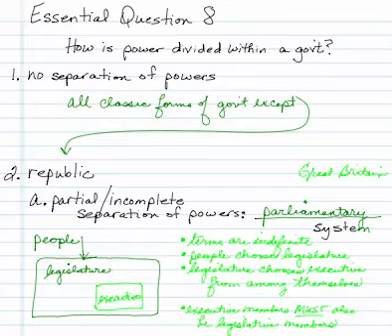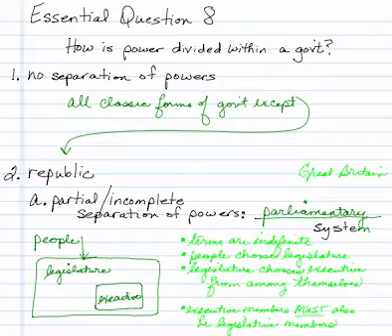And then, in a parliamentary system, all the people in the legislature get together and they choose the executive branch, the chief executive, from among themselves. So in order to get to be the chief executive, which is usually called a prime minister, but not always, you have to first be elected to the legislature. And the legislature chooses who among them is going to be part of the executive branch. And so if you're in the executive, you're in both branches at the same time.